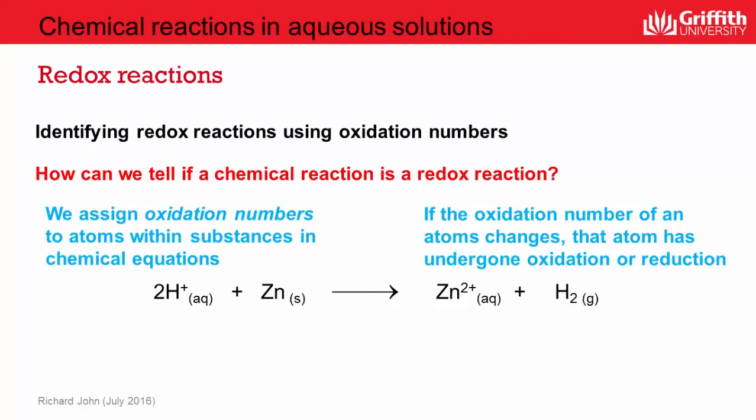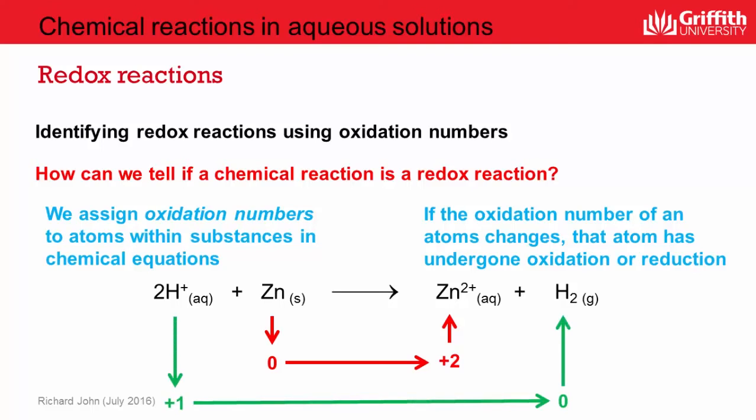So in the case of our acid plus zinc, we see that we've got a change in oxidation number from 0 to +2 for the zinc, and so we know that zinc has undergone an oxidation or a reduction process. In this case, it's oxidation. And we see that the charge +1 has been reduced to 0, and that means that the H+ ions have undergone a reduction reaction.